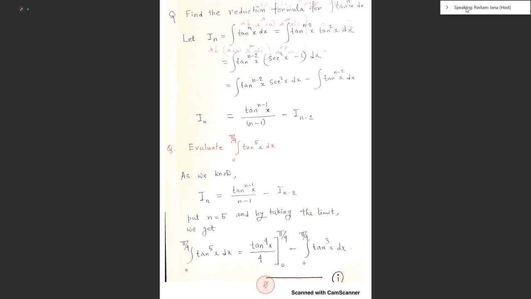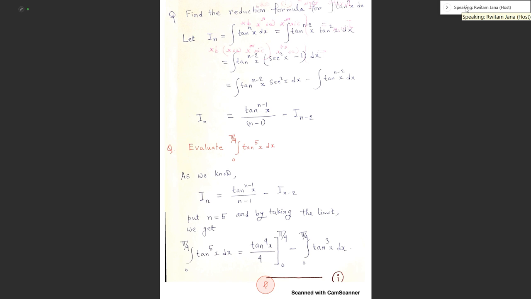It is a very simple thing to understand, and I hope you will also understand it. As previously I took I n equals integration sine to the power n x or cos to the power n x, here I take I suffix n equals integration tan to the power n x dx.